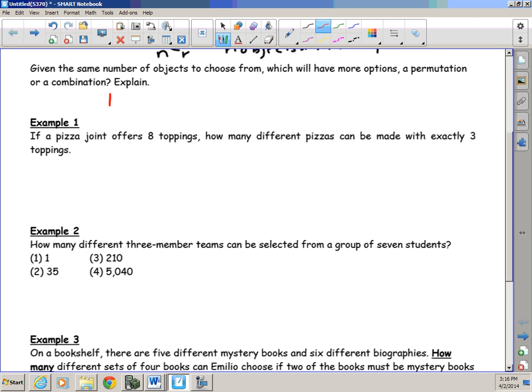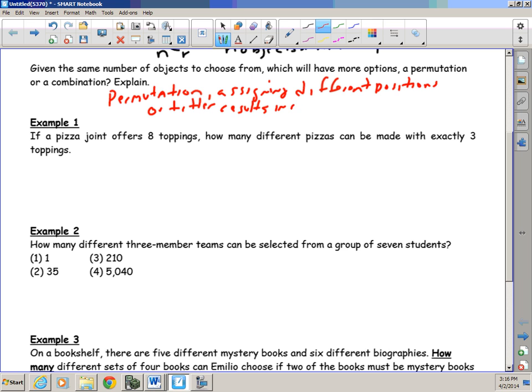Hopefully you'll see permutation, because assigning different positions or titles results in more possibilities.